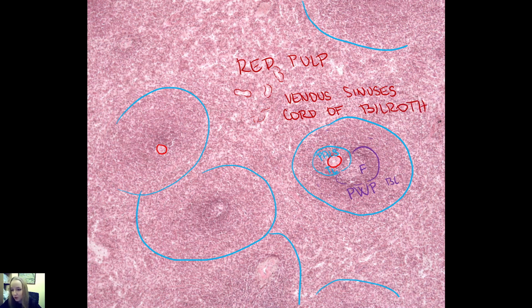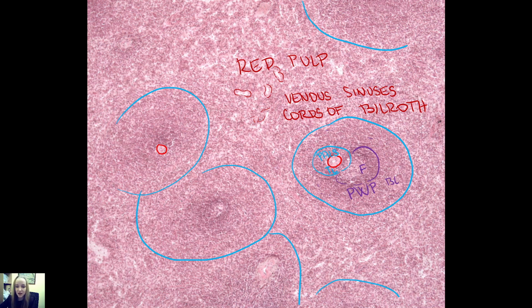And these cords of Billroth sound very difficult, but they are just reticular connective tissue with immune cells like lymphocytes, but also there are some erythrocytes, macrophages, granulocytes. So all components that you can find in blood, everything you think of, can be here in the spleen between reticular fibers, forming these cords of Billroth. I hope I explained that clearly.